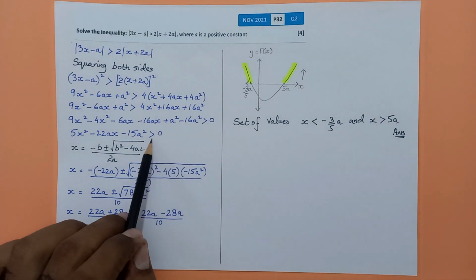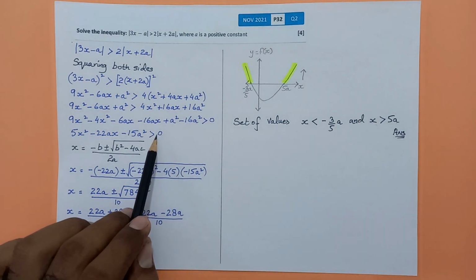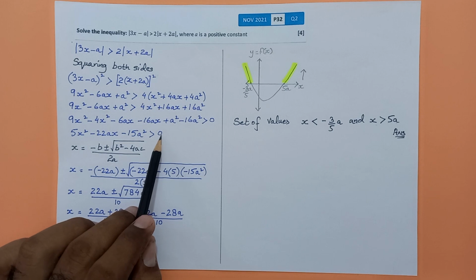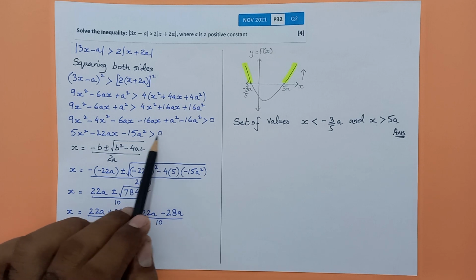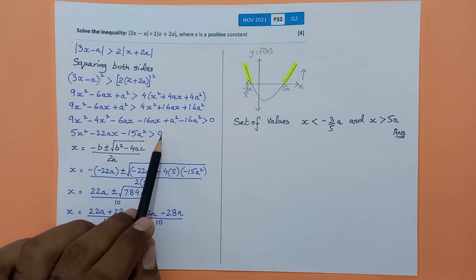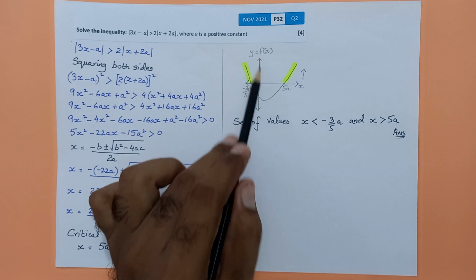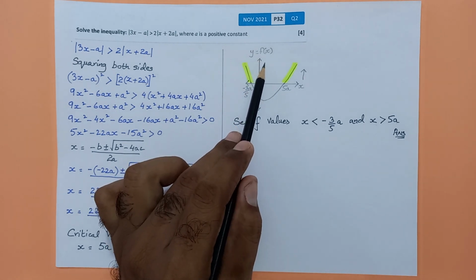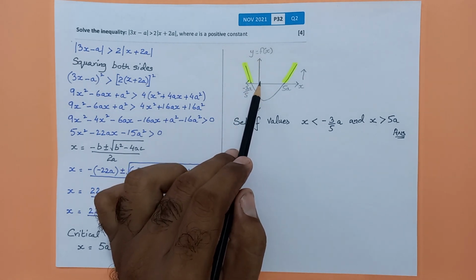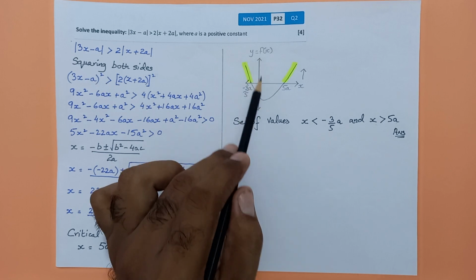Finally, the condition is that it is greater than 0. As I said, this 0 is basically representing the value of y, or f(x), and greater than 0 means positive y. And when it is positive y, we need the values of x which would result in a positive value of y.